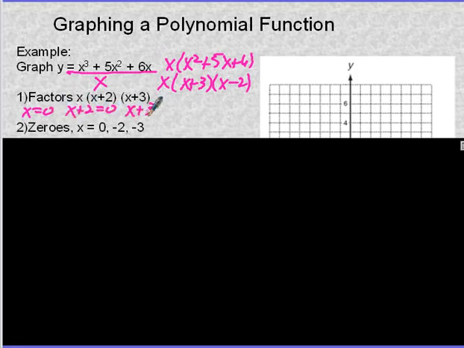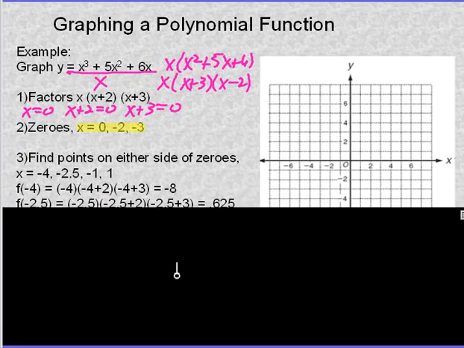So the first thing I'm going to do is graph those 3 points. So I have a 0 here, -2, and -3. I need to know what's happening in between, so I'm going to find points in between. The first point I would try would be -1. Find out what the value of the function at -1 is. The easiest way to do that is to use the factored form.